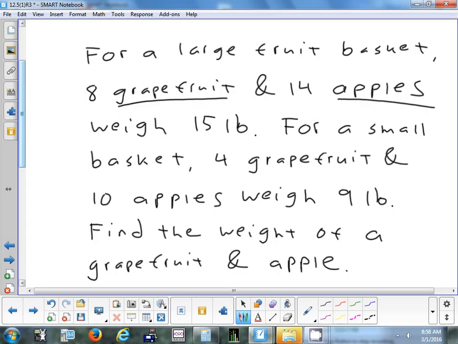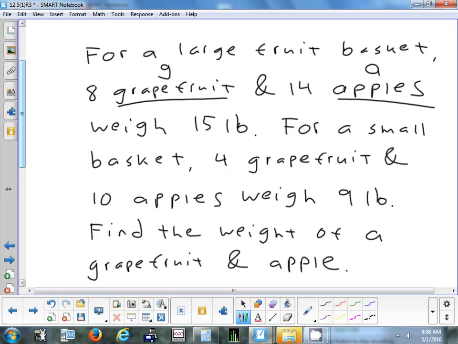Okay? So it looks like these are the 2 things I'm dealing with. Grapefruit, apples. Okay? I would probably use G for grapefruit, A for apple. Okay? And together that weighs 15 pounds. For a small fruit basket, 4 grapefruit and 10 apples weighs 9 pounds. Find the weight of an individual grapefruit and an individual apple. All right.